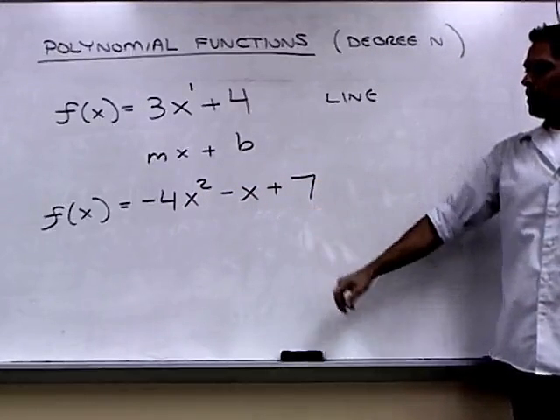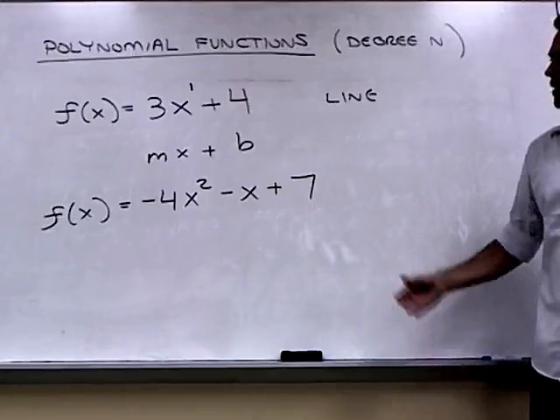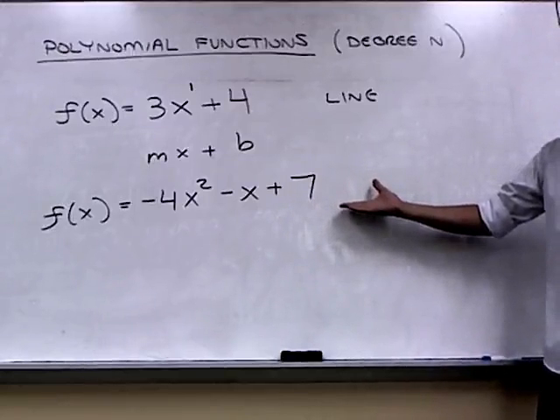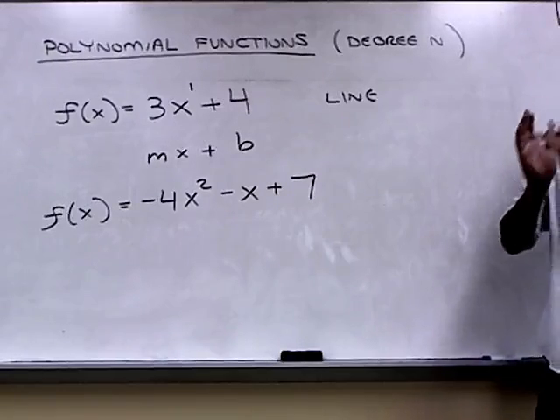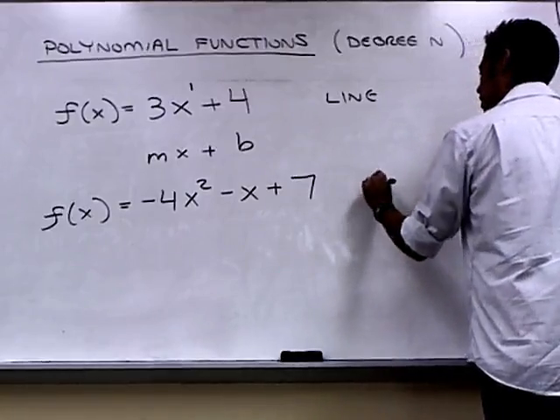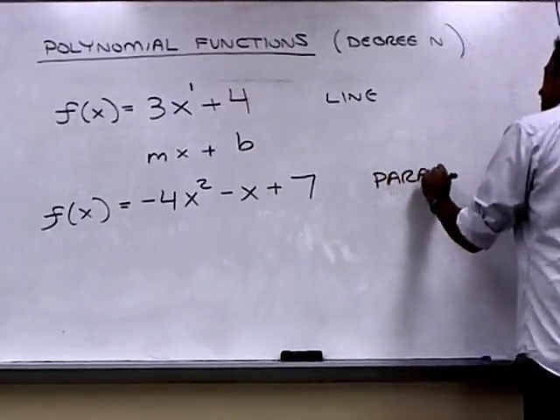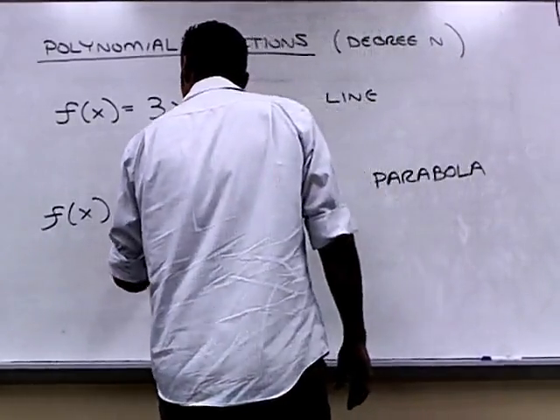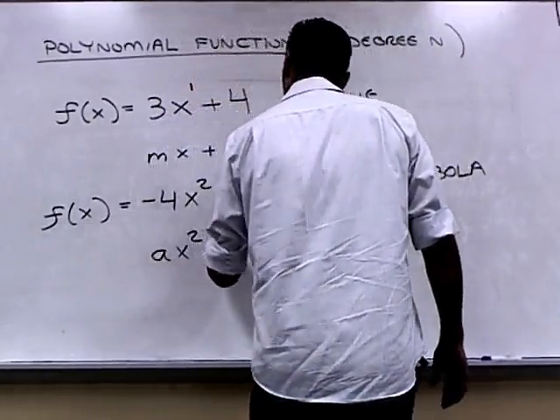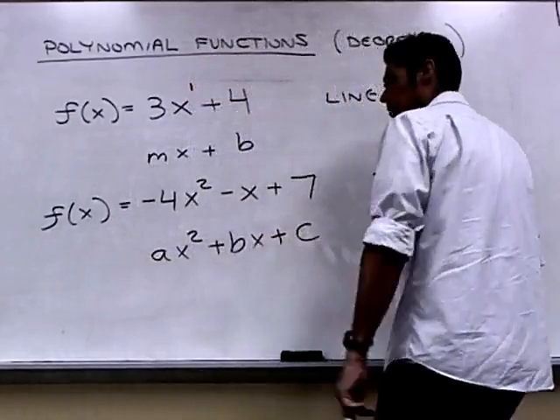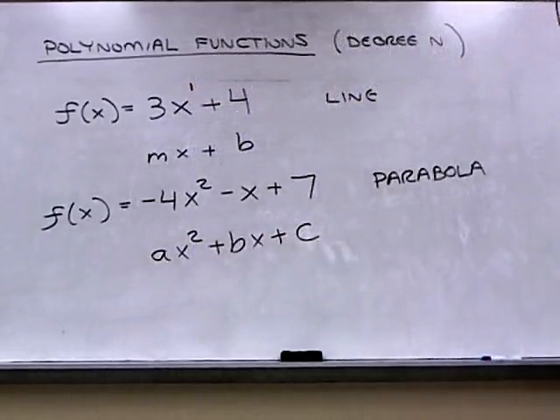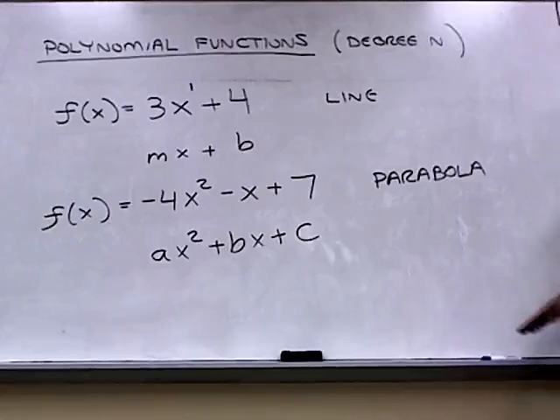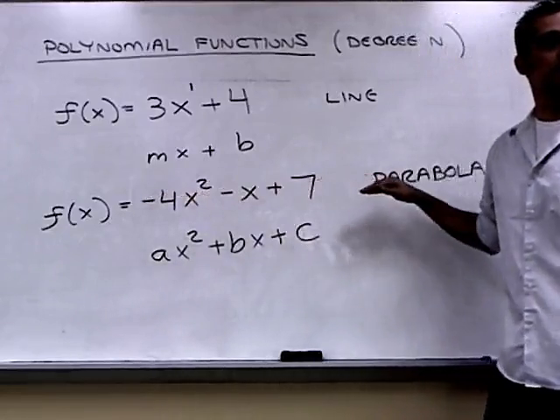And that's a quadratic function, isn't it? That's a parabola when we graph it. So this is going to be a parabola. Now the form we usually like to write these in is ax squared plus bx plus c. That was the form that this quadratic is written in.